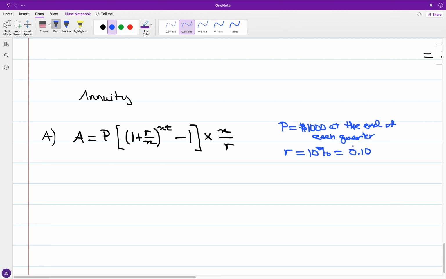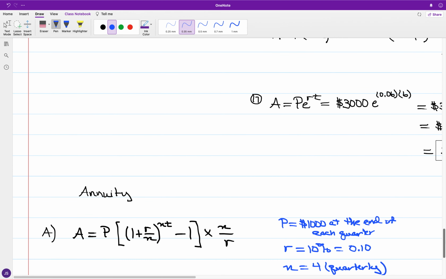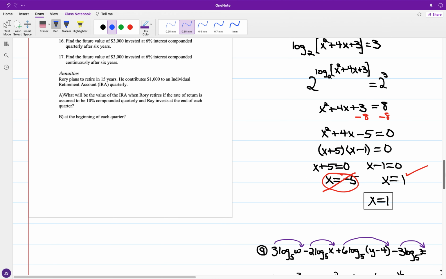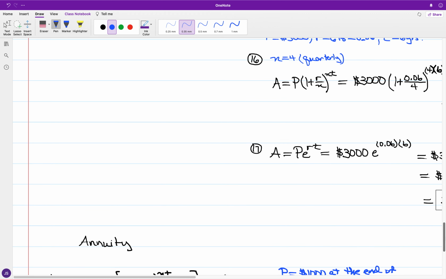In the numerical calculation, R is going to be 0.10 or 0.1. Just like the frequency of the deposits, the compounding is done quarterly, so N is equal to 4. I think the time span was 15 years.